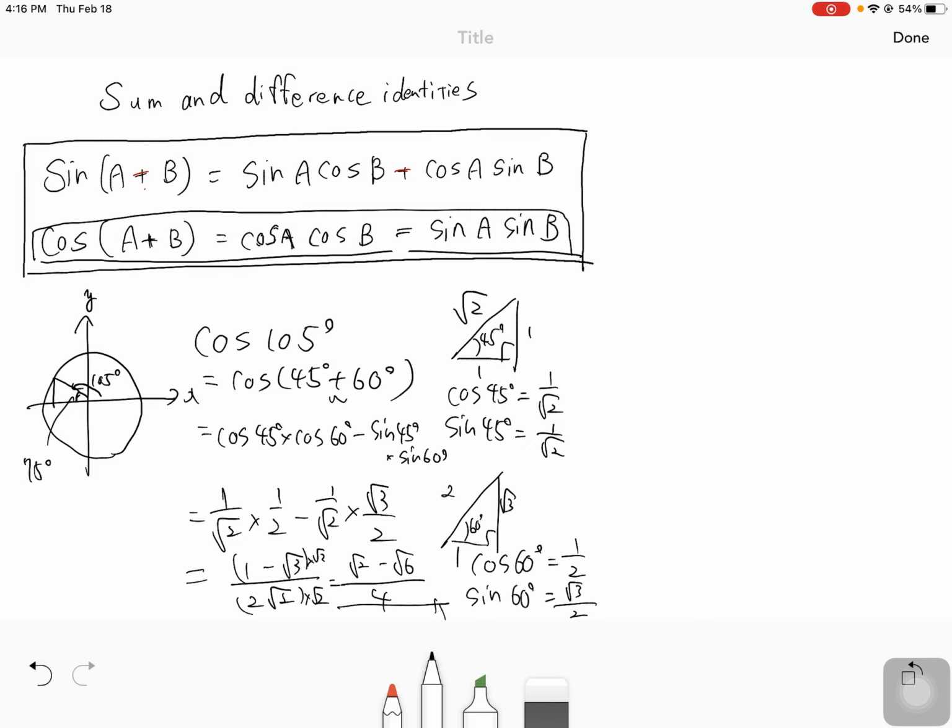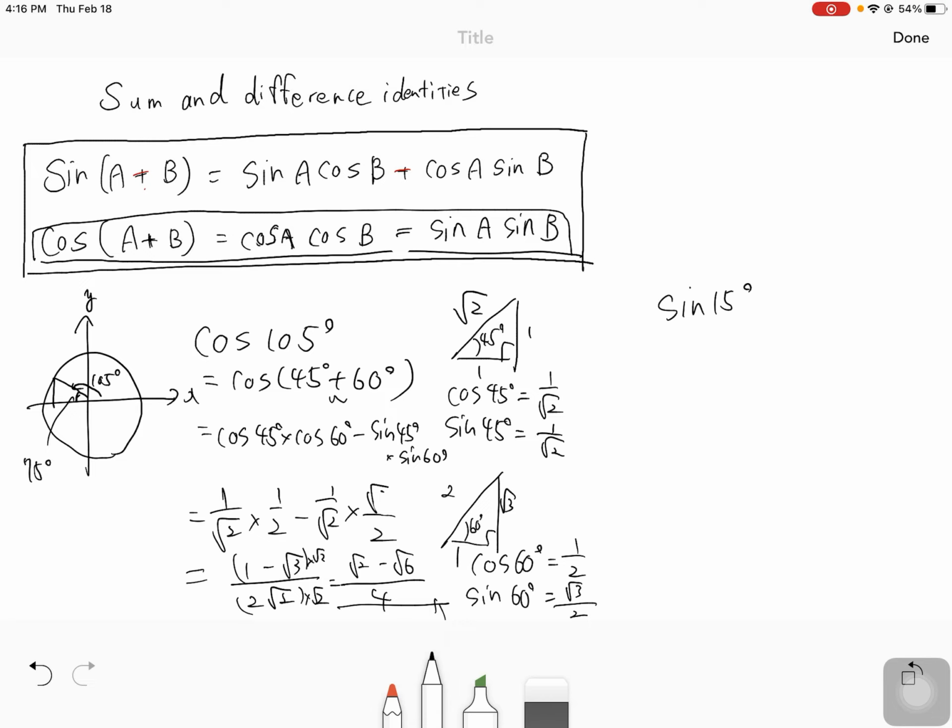And that's the answer. So using sum and difference identities, you can find the value of sine and cosine without using calculators. Okay? Let's work on one more question. Sine 15 degrees.